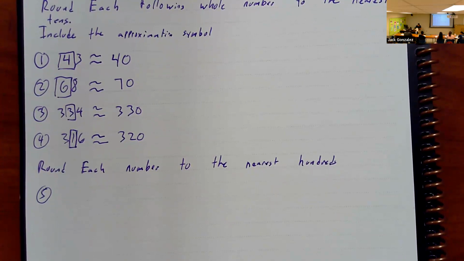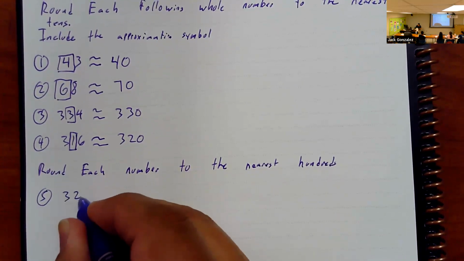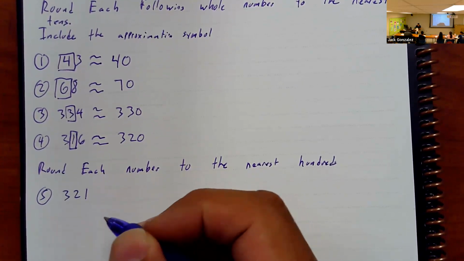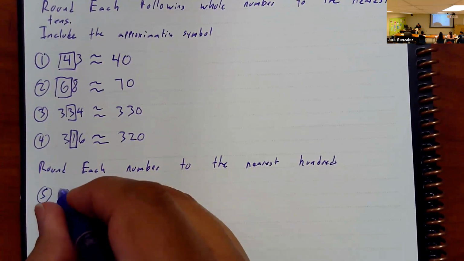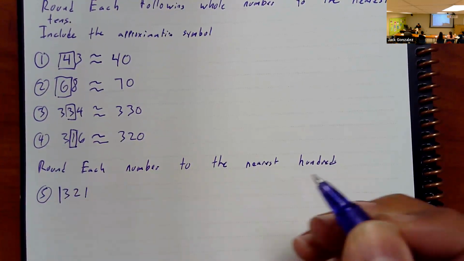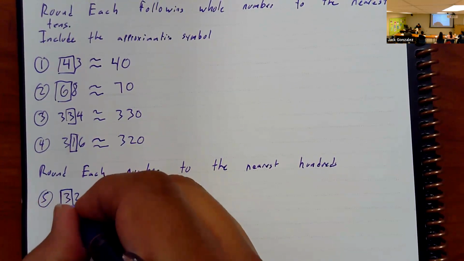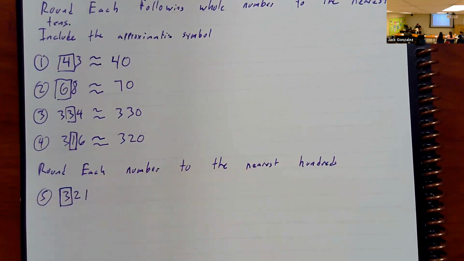Number 5. Which one do I box? We have to write it like that. Just write the answer below or box it right there. You don't have to write everything because you already have it.